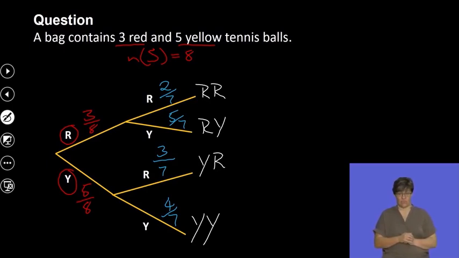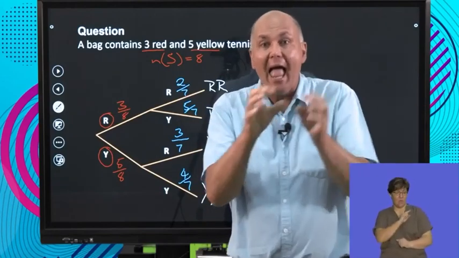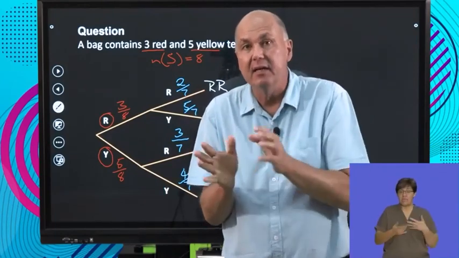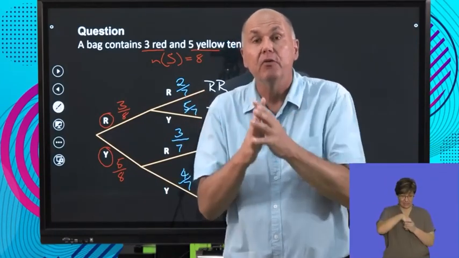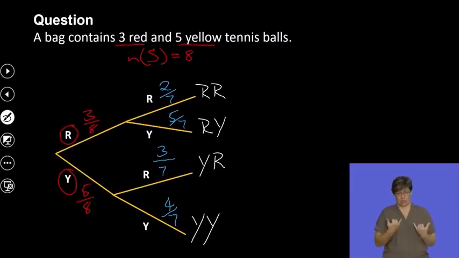So just to help us and to make sure that we understand, how are we going to find the probability of each of those events happening? Because remember, it was this one and that one. And whenever we have an and in a tree, we've got to multiply. So that's exactly what we're going to do. The probability here is going to be 3 over 8 multiplied by 2 over 7.